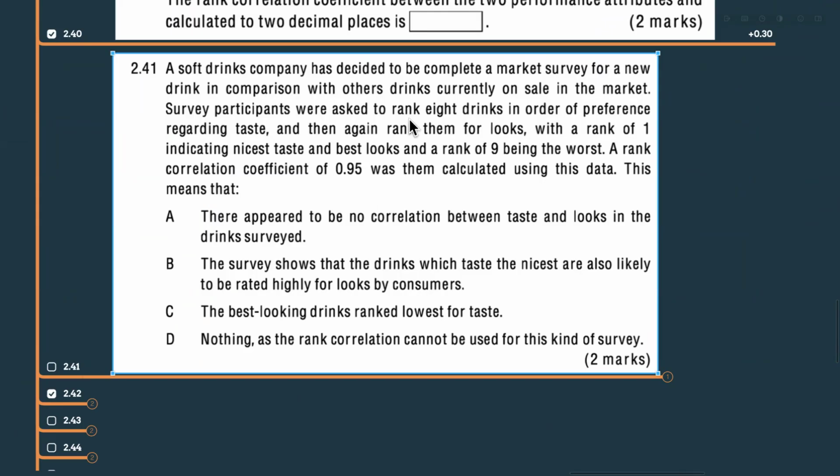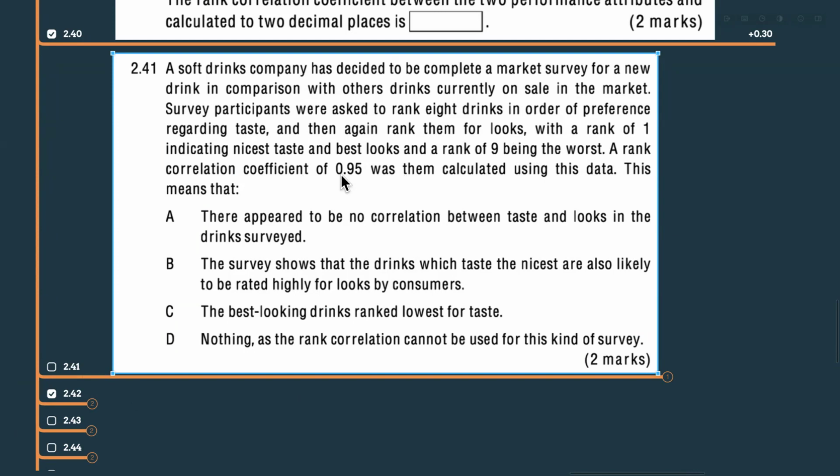This means, okay, so just forget about. So they are testing the two drinks, right? So there are some 8 drinks in order of preference regarding the taste and the looks. So they are taking 8 types of drinks and the taste and look, and they are calculating the rank correlation coefficient as 0.95.